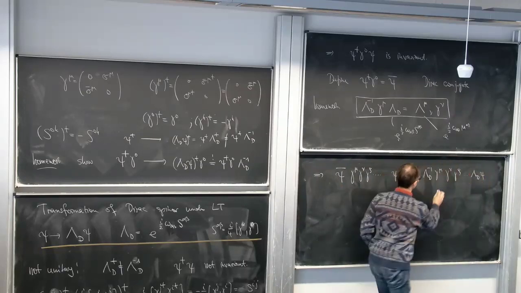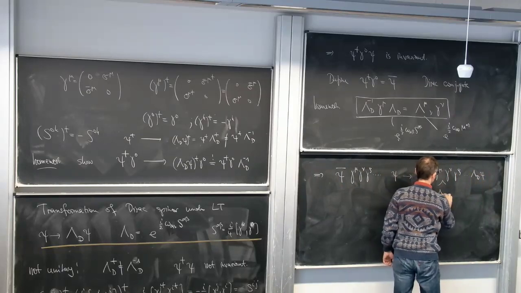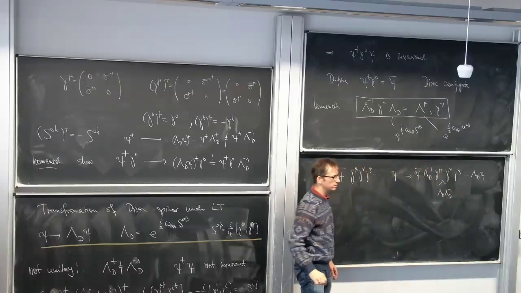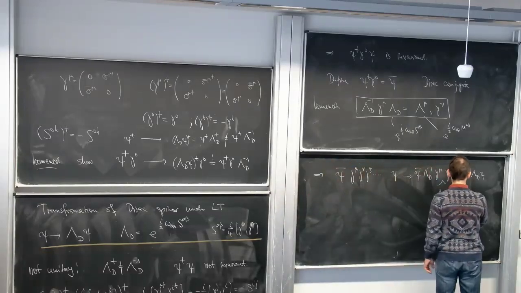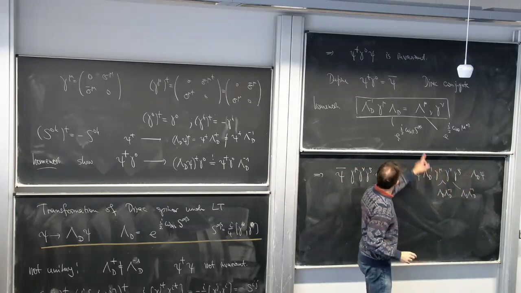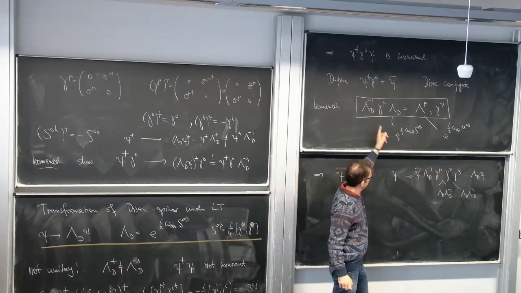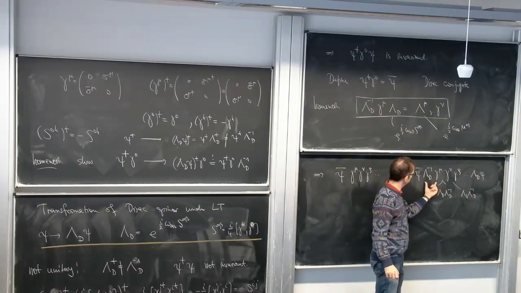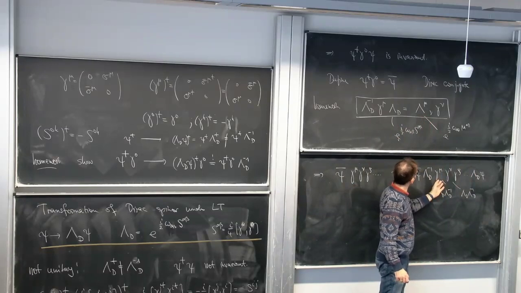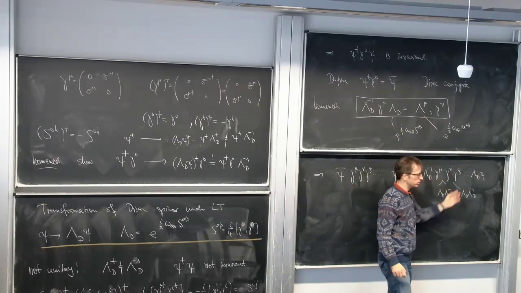But now you can stick in here lambda_D to the minus 1, to make it more complicated, and here as well. But since you have this identity, the first gamma matrix with its neighbors is a Lorentz transformation. And the second, so they get all Lorentz transformed.